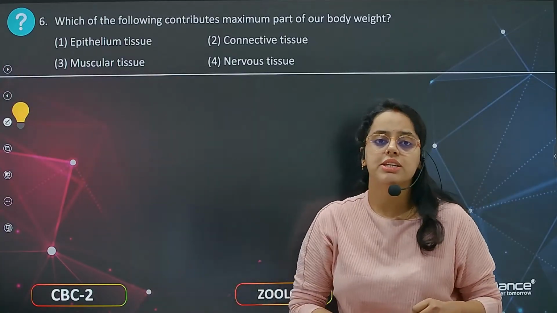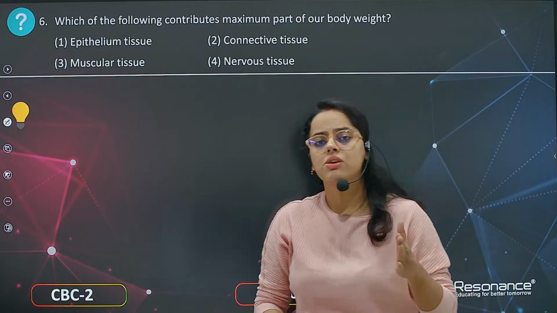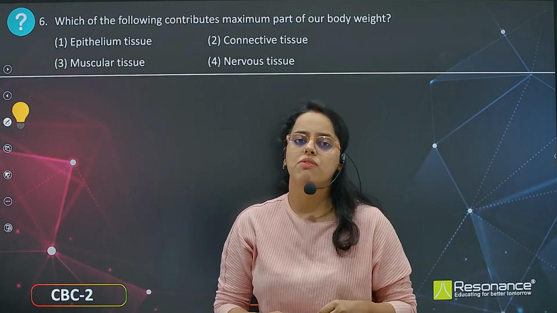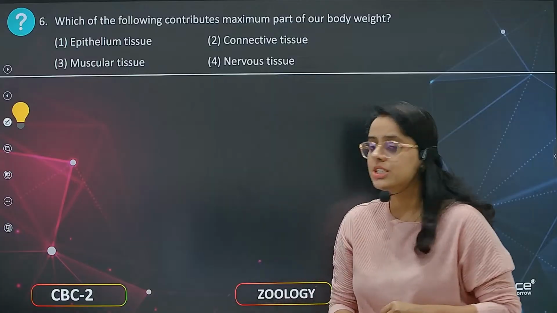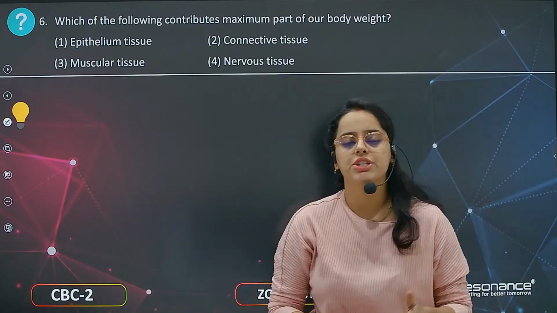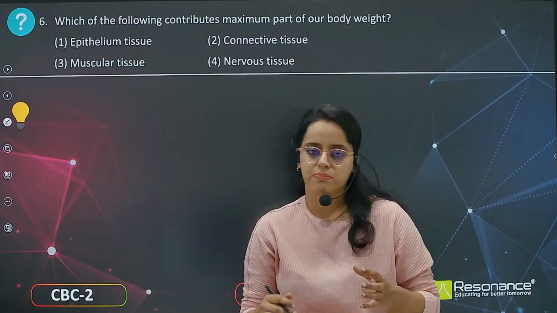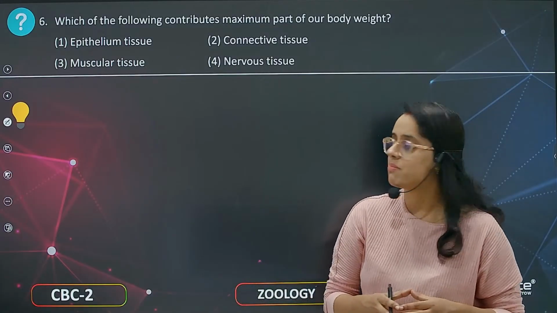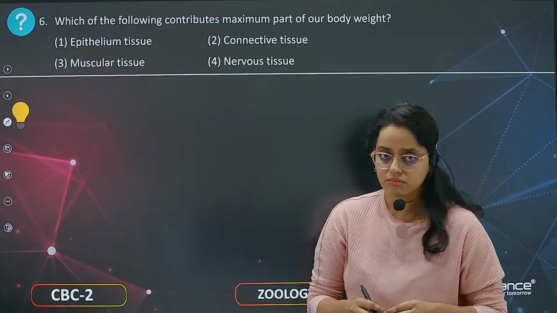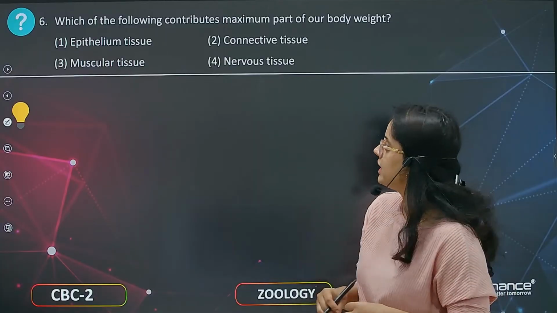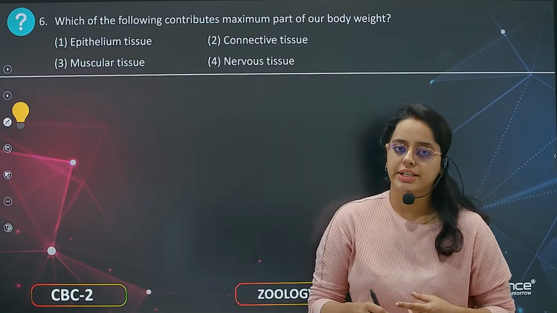Now coming to the sixth question: which of the following contributes the maximum part of our body weight? Epithelial tissue, muscular tissue, connective tissue or nervous tissue? The maximum packing of the body structure is done by connective tissue, so the body weight is contributed by the connective tissue.